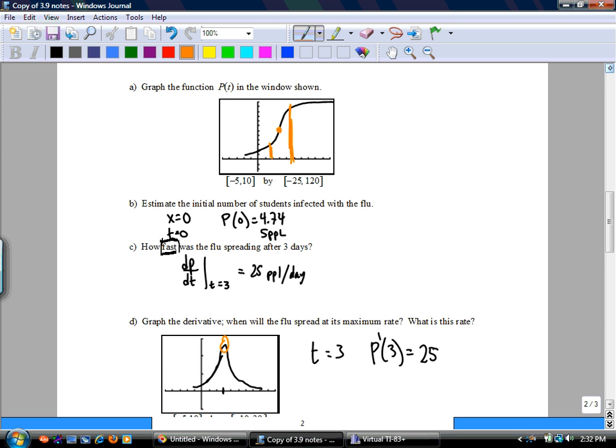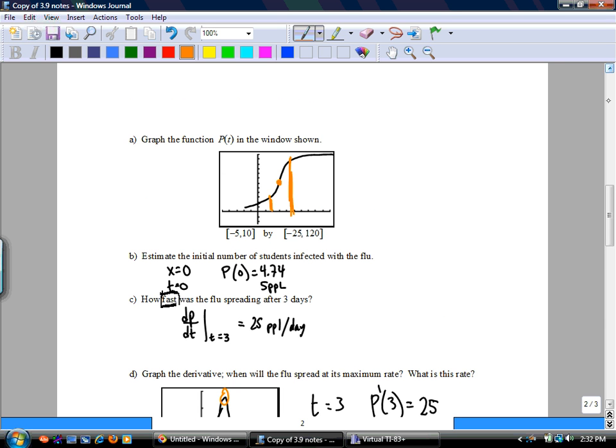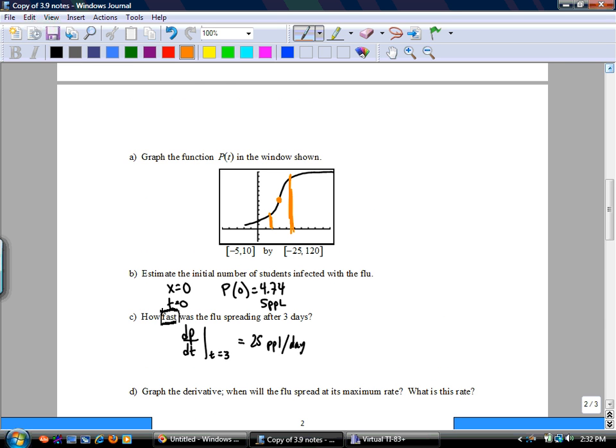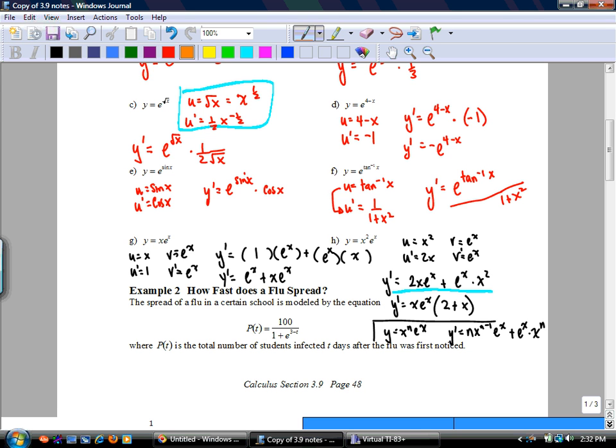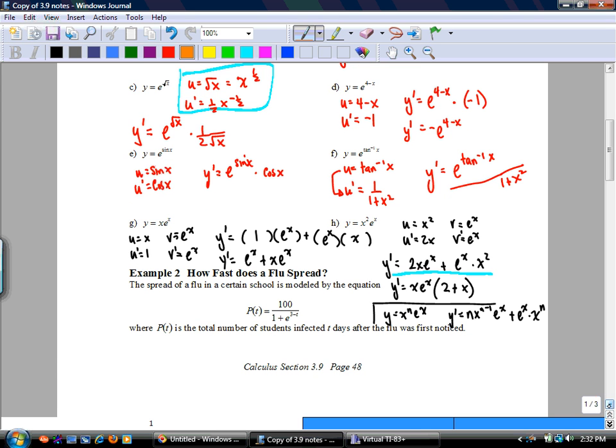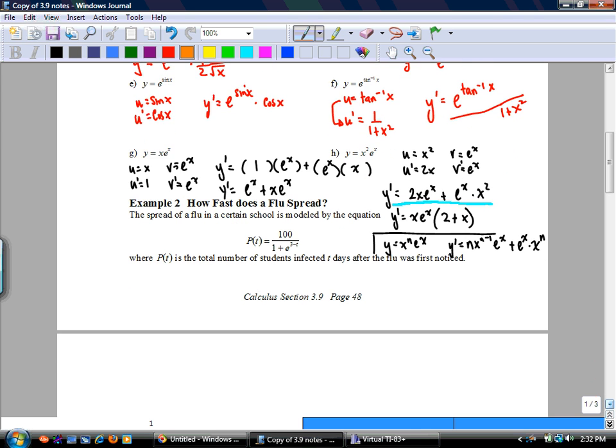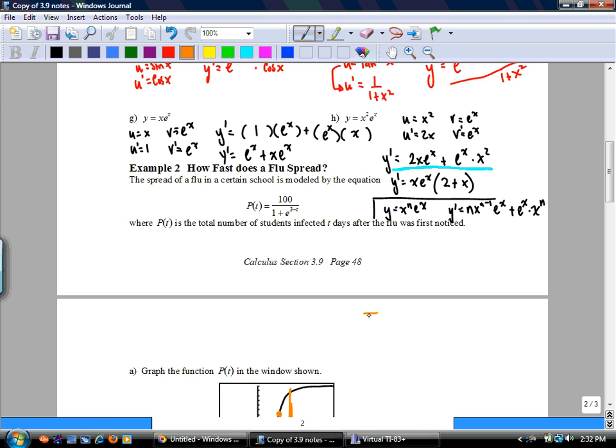Now, algebraically, I guess we can go down along the side. I didn't intend on doing this, but we can. Quotient rule. Top is 100. Bottom is 1 plus e to the 3 minus t. So top prime is 0. Bottom prime is e to the 3 minus t times negative 1.